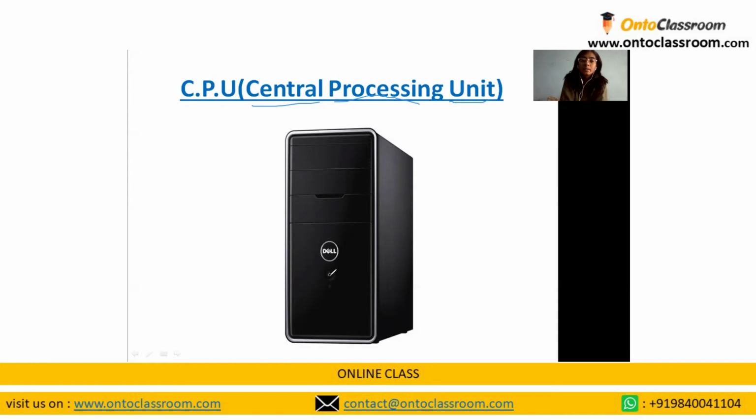And then there are some parts which I'm going to show you. This part is used for on and off. This is what we also call power button. So this is power button which we use.